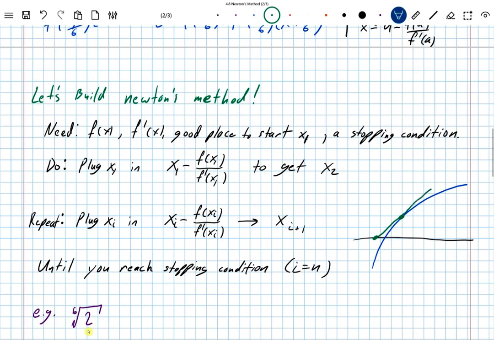So my x1 would be here. My x2, change color, my x2 would be right here. From there, I'm going to do a linearization again from that x2. Say, where is that 0? And that is going to give me some x3. And we just keep repeating and repeating.